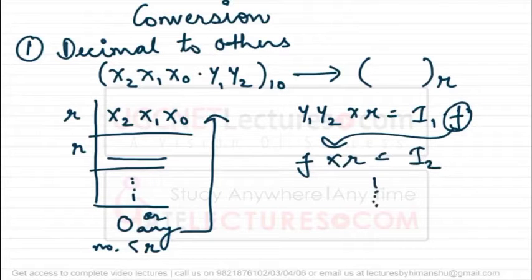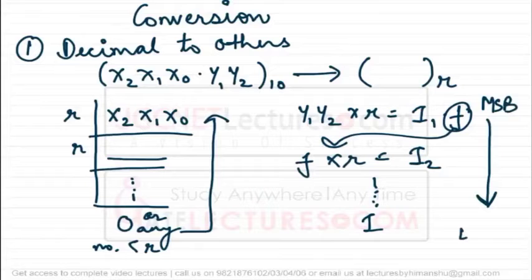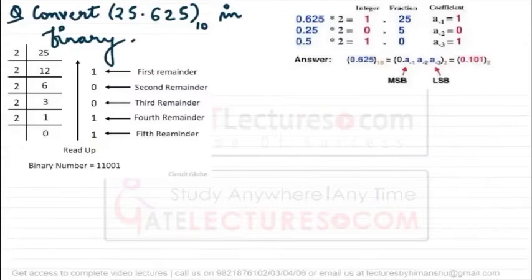You do it until you get a complete integral number. When you get one complete integral number, you stop and then you move from up to down. So this is going to be the MSB of the required fractional part, and this is going to be the LSB. Okay, let us look at an example now.